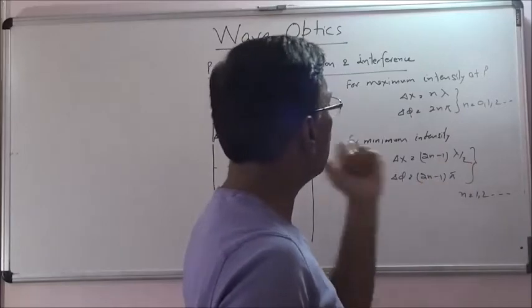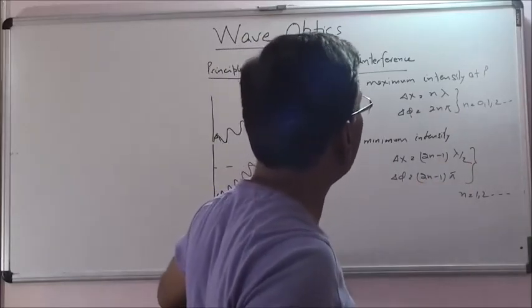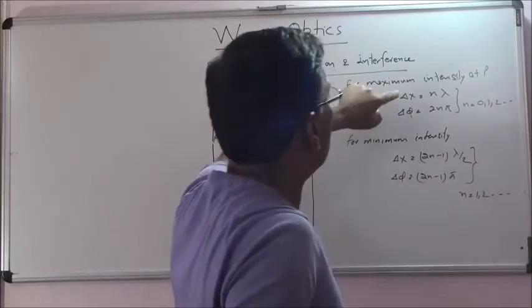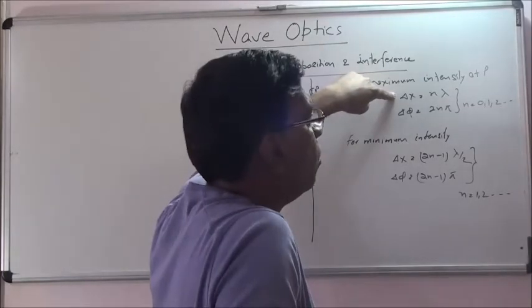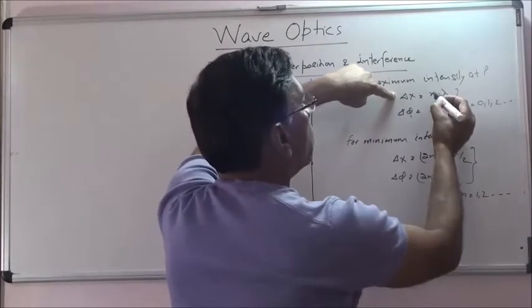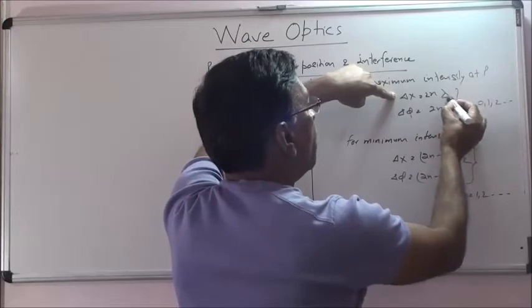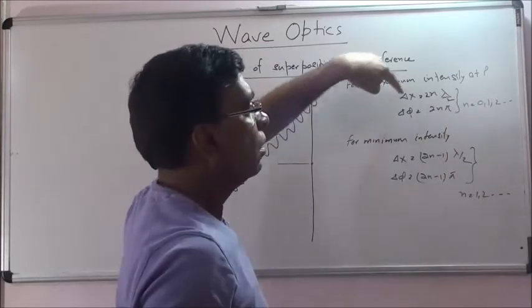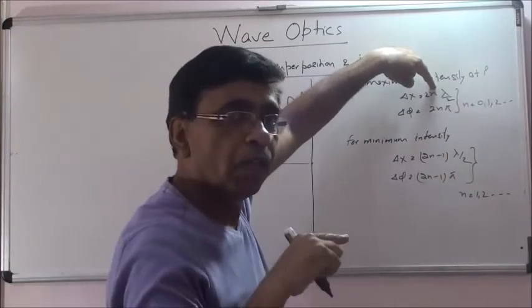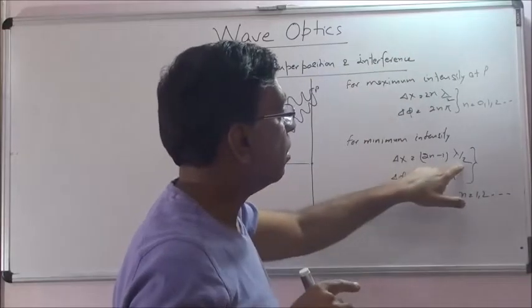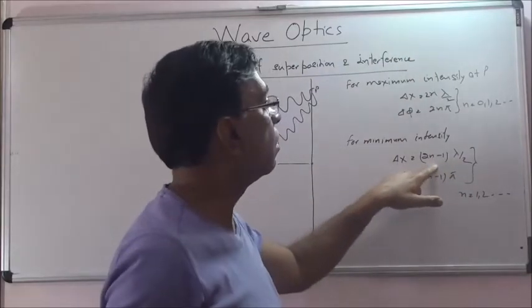One better or more convenient way of writing it: lambda by 2 even multiple gives maximum, lambda by 2 odd multiple gives minimum.